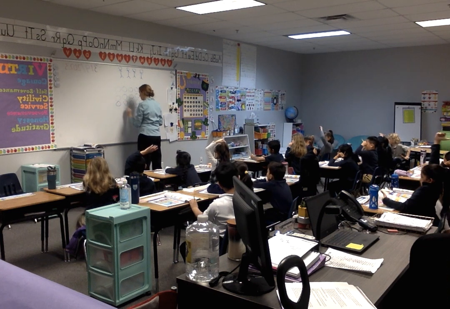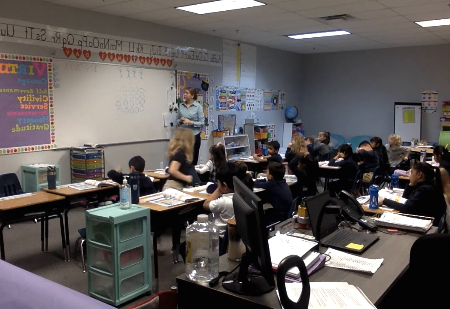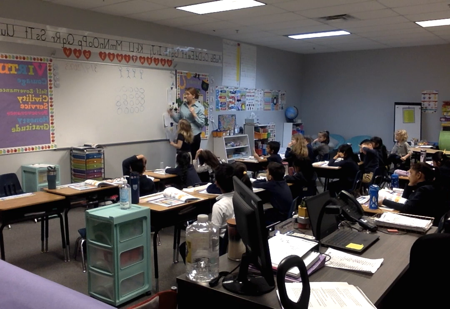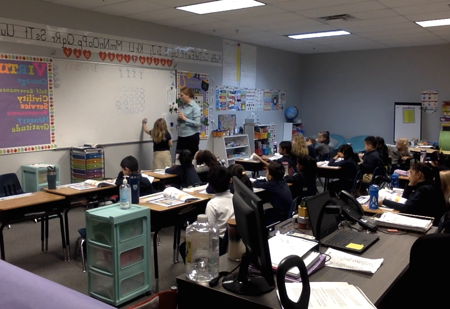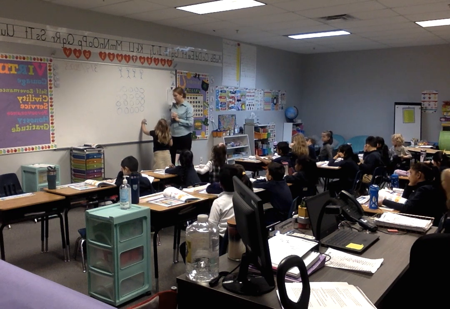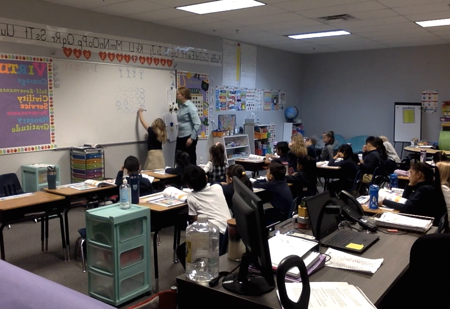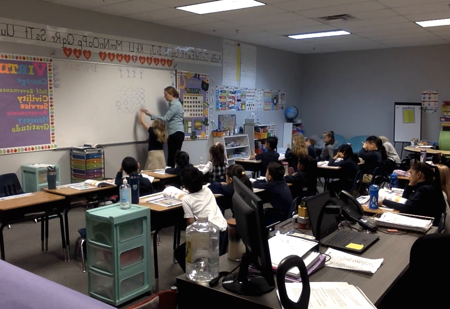Addie, can you come divide this for us? Okay, we need to divide this equally between 4 people. You just circle it. Okay, you're wanting to do it like that. Okay.